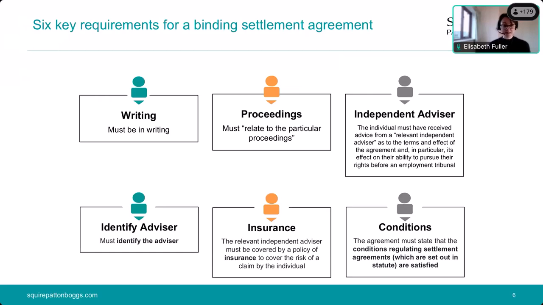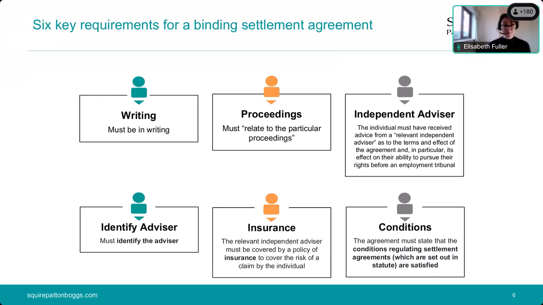The relevant independent advisor must also be covered by insurance, which will cover the risk of a claim being brought by the employee in future in respect of any loss that arises in consequence of that advice. Finally, in order for a settlement agreement to be binding, the agreement must state the conditions regulating settlement agreements, which are set out in statute, have been satisfied.